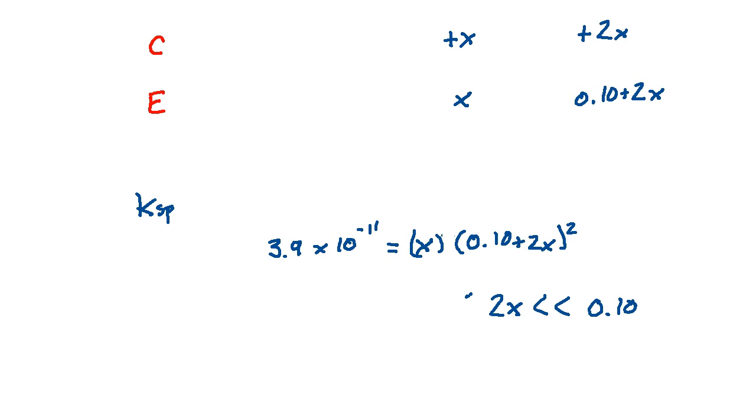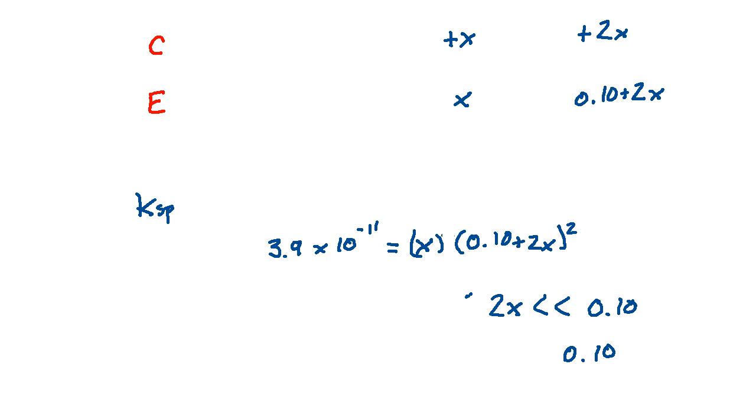And if 2x is a very small number, when we add it to 0.10, it's just going to equal 0.10 for the sake of rounding in significant figures. So we're assuming that 2x drops out relative to the large number that it's being added to. Okay? This is generally a safe assumption, but you always go back and check it.